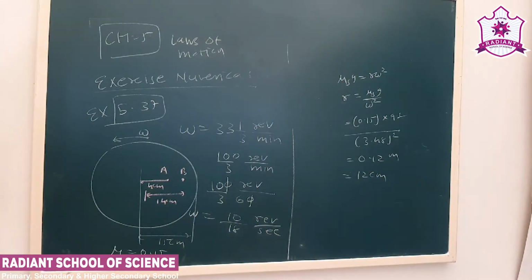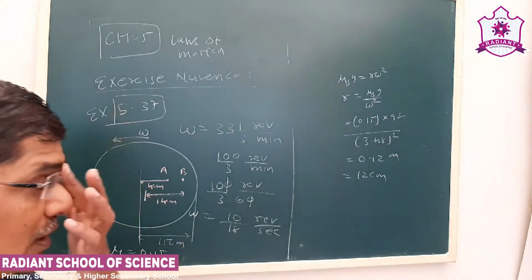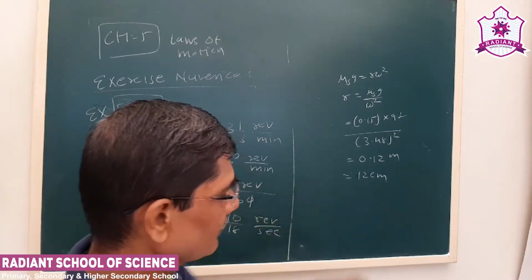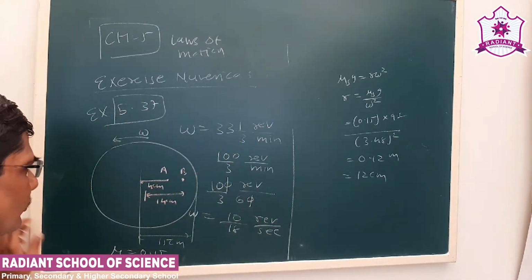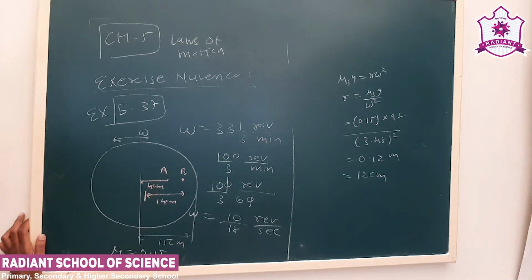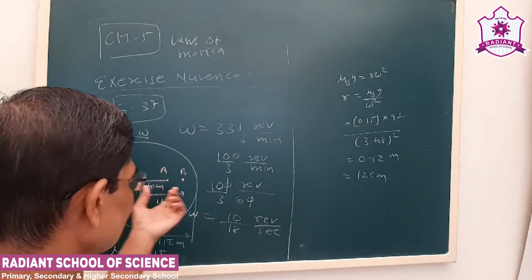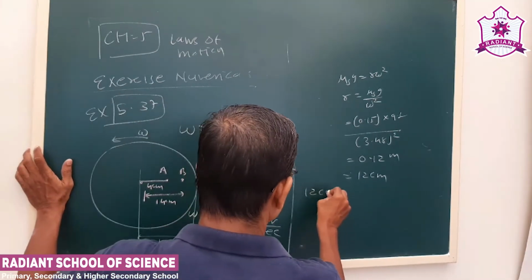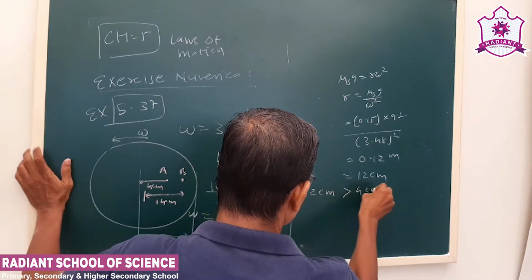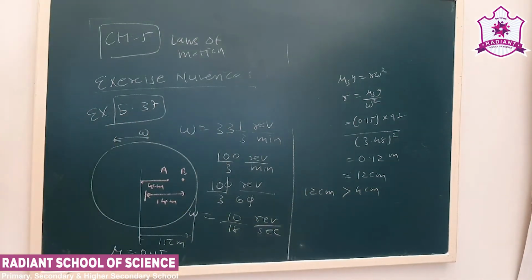So the maximum radius permissible here is 12 centimeter. Now for the coin A, which is placed at 4 centimeter, this is within the limit. So 12 centimeter is more than 4 centimeter, so the coin will remain on the disc.